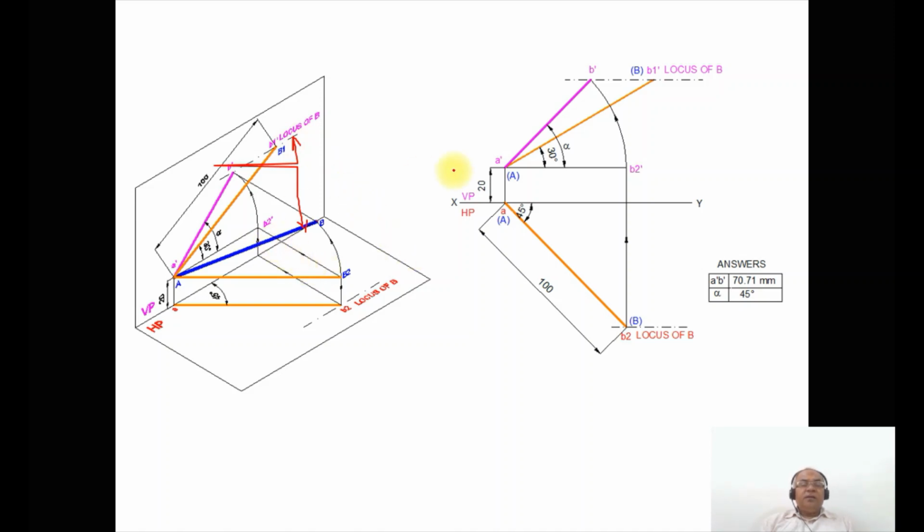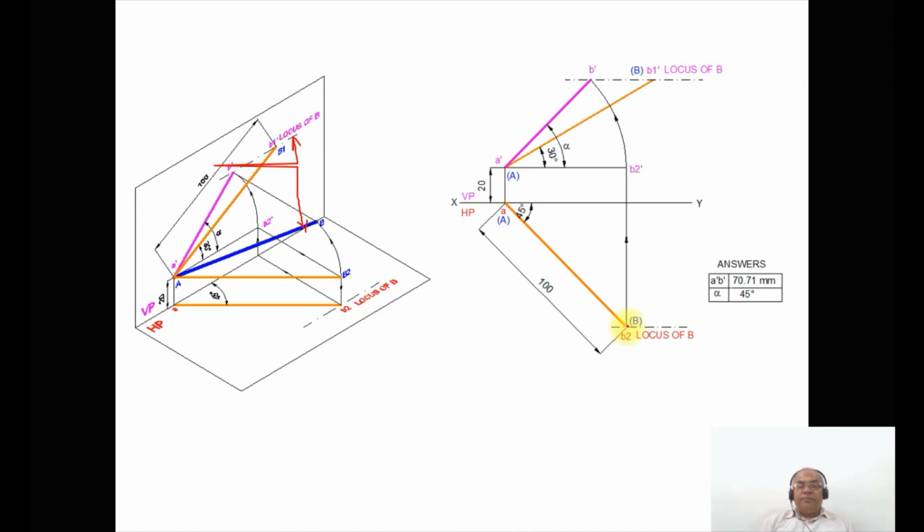Now as we rotate it in space, what happens to the image? The image is also rotated such that with A dash as center, taking the radius of A dash B2 dash, you rotate such that it touches the locus of B in the front view, and you mark this point as B dash. Then join A dash B dash with a dotted line. That is what we have shown here.